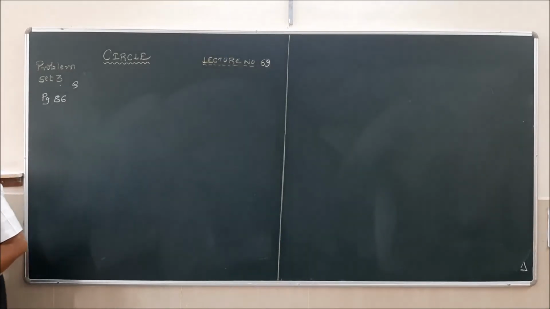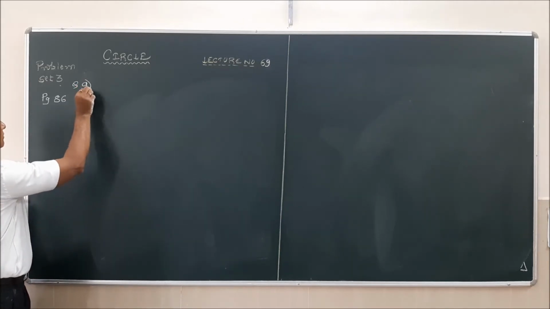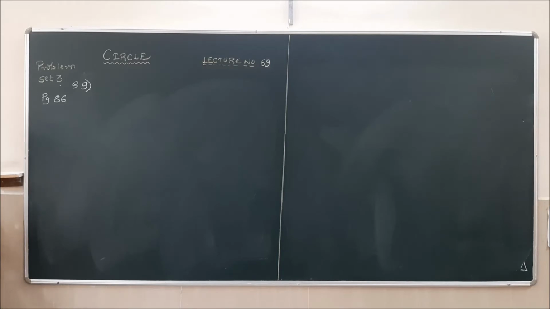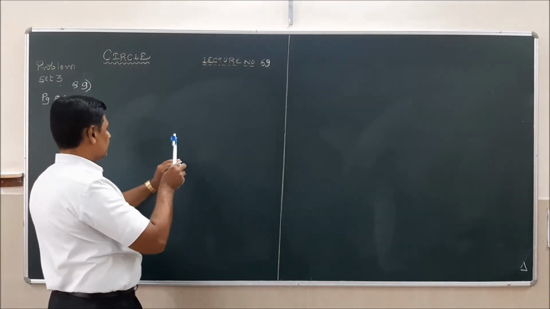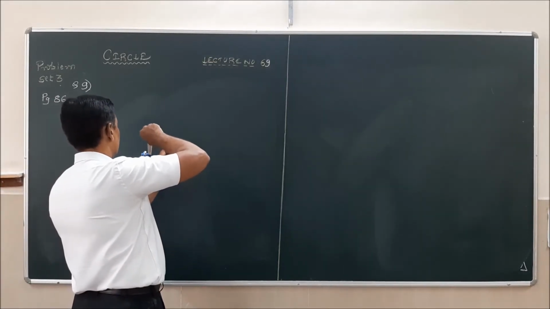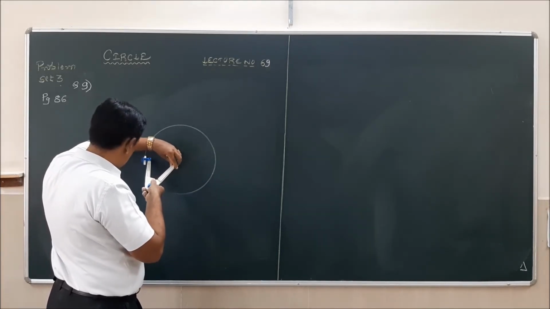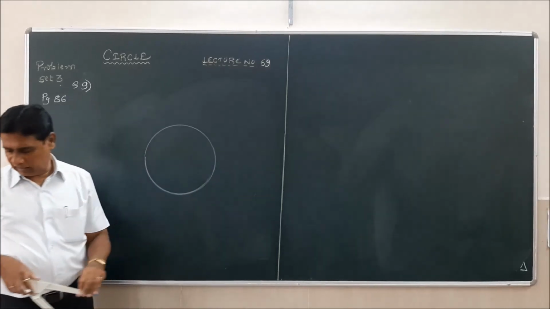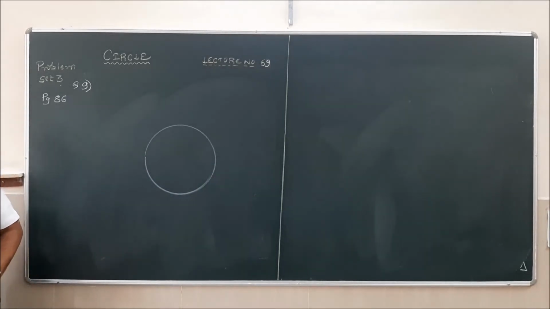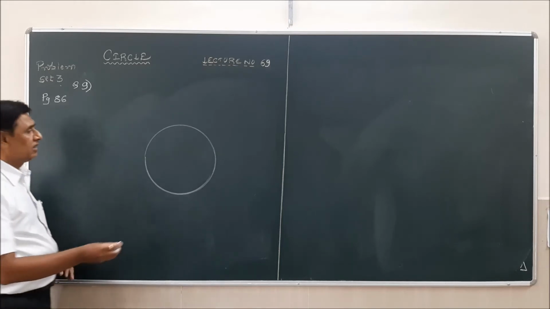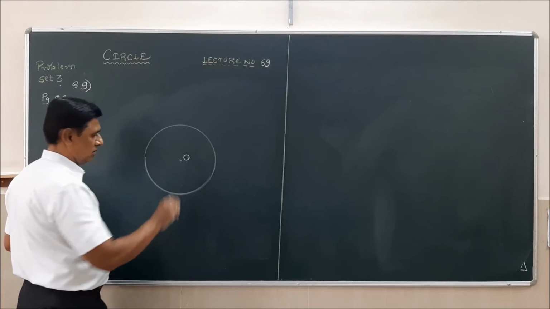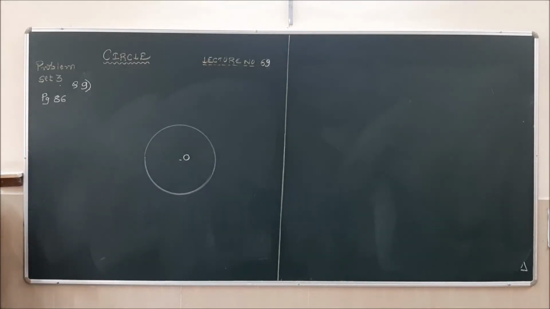A circle is given, having center O. O is the center of the circle. Next, we find RS is a chord and a tangent is drawn.